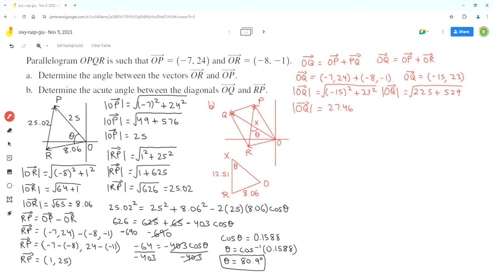That means the length of side OX will be half of 27.46. So 27.46 divided by 2 is equal to 13.73. So this is the length of side OX.